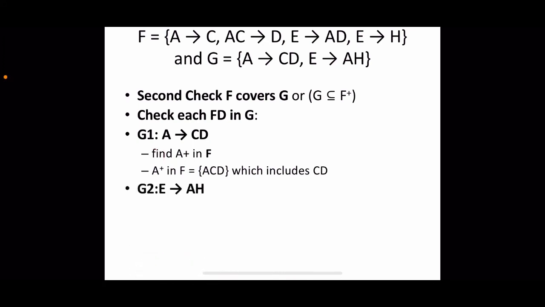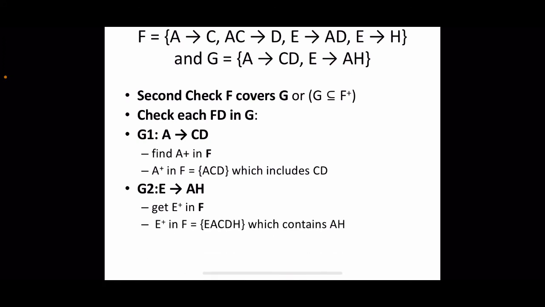Now the second dependency, that is E determines AH. So we have to find E closure with respect to F. So these two dependencies we are going to take now, right? So what about this? Yeah, E is already a subset of this closure, so AD can be added. Now the closure value will be EAD. Again this dependency, E is a subset of this EAD. So H also can be added, right?